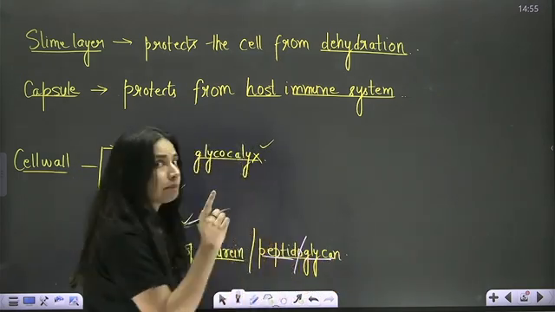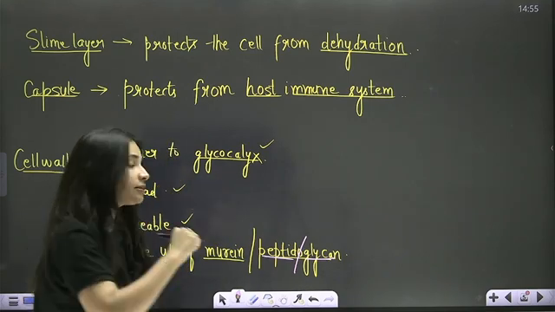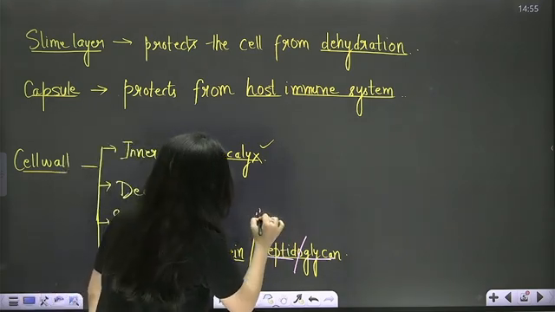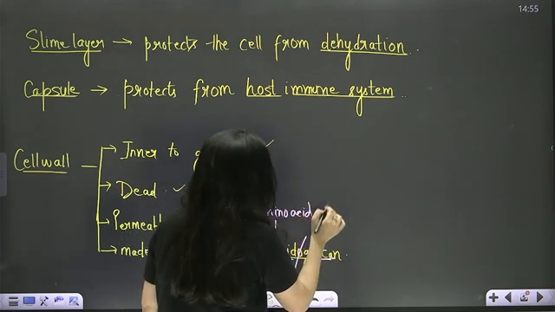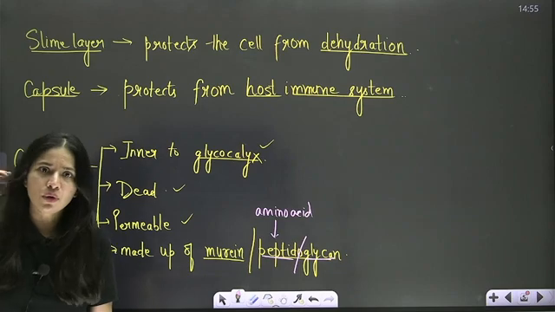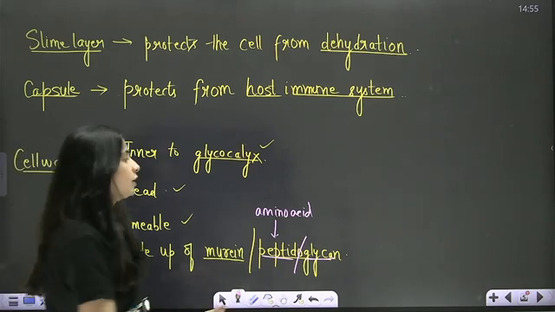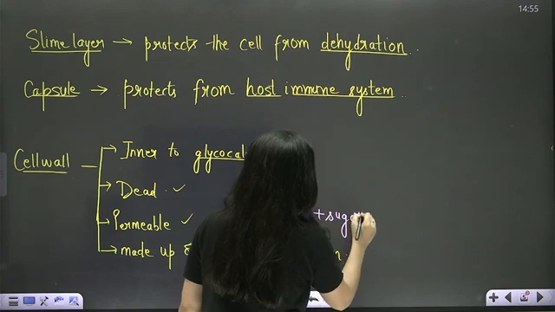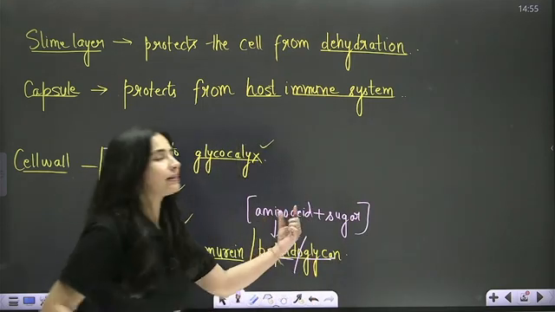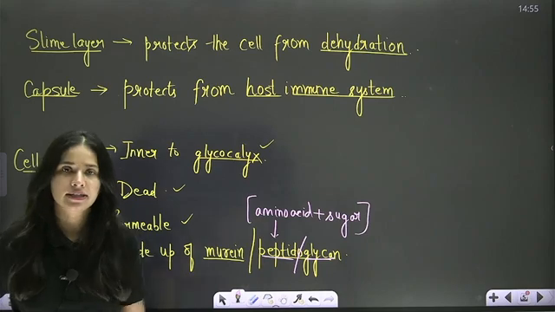Peptido, peptide, means protein. Protein means amino acid. Glycan is something related to glucose. Glucose means sugar. So this peptidoglycan is actually a combination of different amino acid and sugar units.